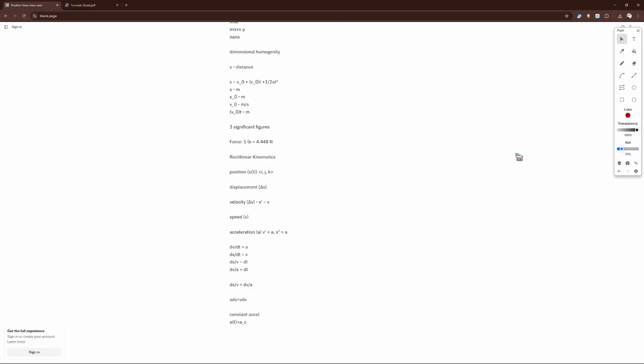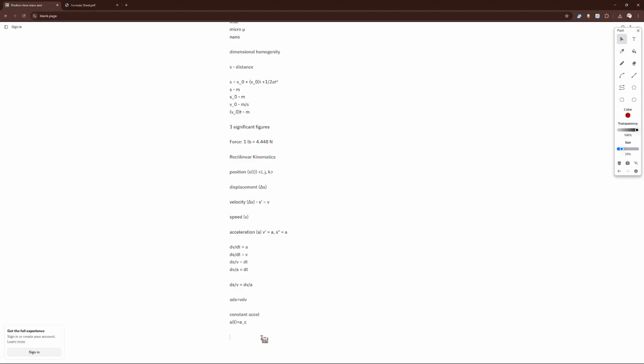So for example, if your question is like, find the velocity of this ball that has an acceleration of 5 meters per second squared, that's constant acceleration, which means you don't do any integration stuff and no derivatives. You're just going to use these formulas, right?